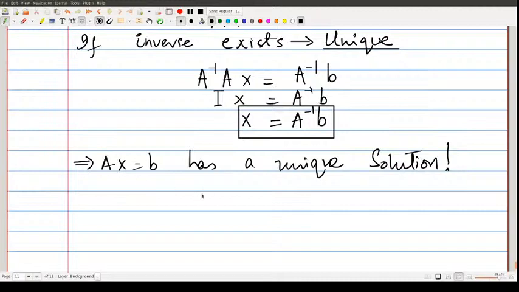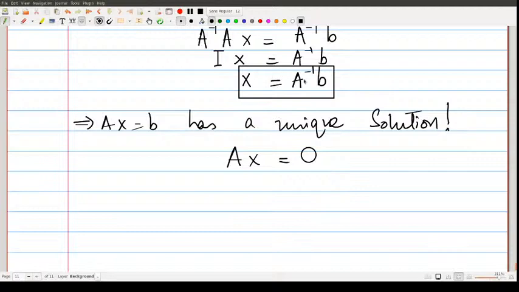Remember that Ax equals B was also linked to Ax equals 0. I asked this question at the end of, I think, the second lecture or the third lecture, which was, when does this have a unique solution? It has a unique solution when Ax equals 0 has only the trivial solution. Now again, A inverse exists, right? So I can multiply by A inverse, x is equal to A inverse times 0. On the left hand side you get x, on the right hand side you get 0.